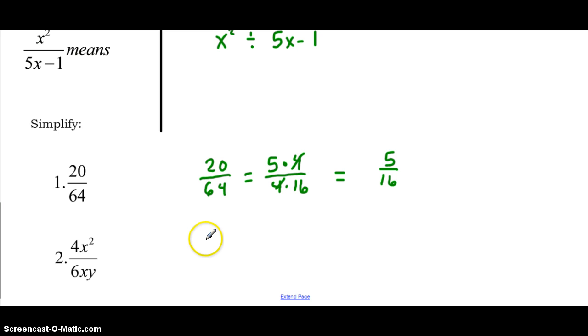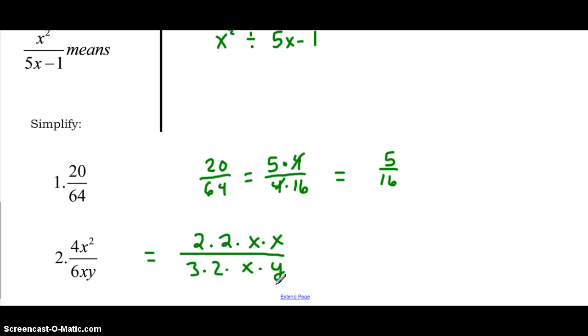And we can also think about our laws of exponents. Go ahead and try to simplify number 2, break down the factors and see what you can cancel, and then bring it back. So 4 is 2 times 2, and x squared would be x times x. 6 would be 3 times 2, and xy means x times y.